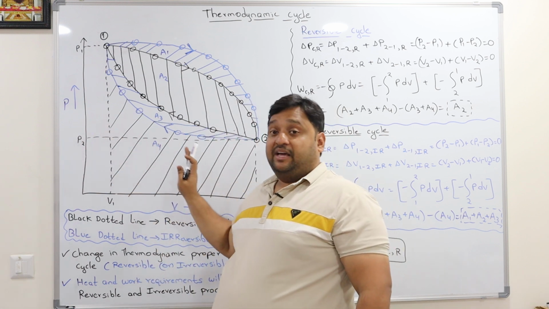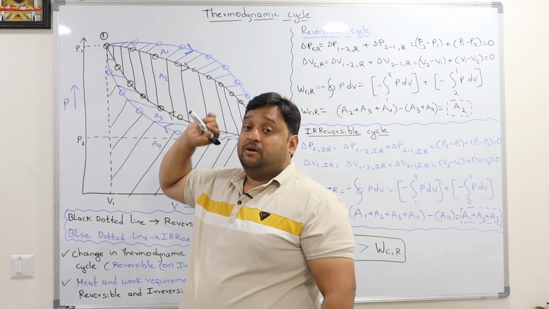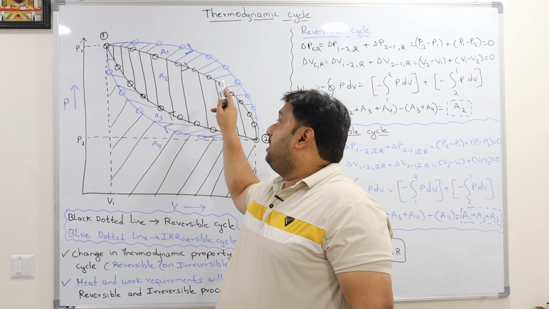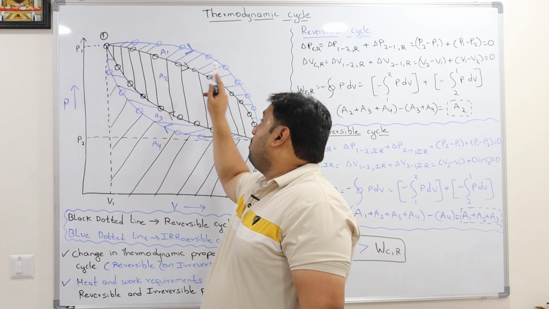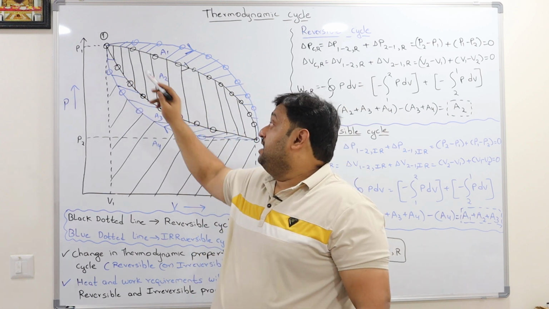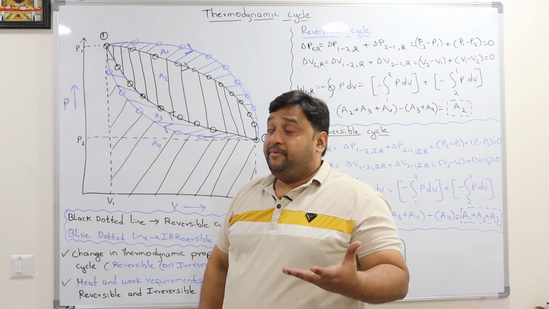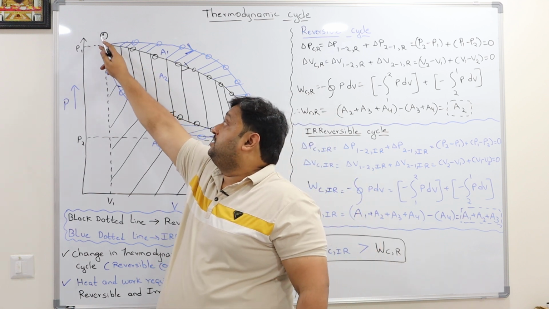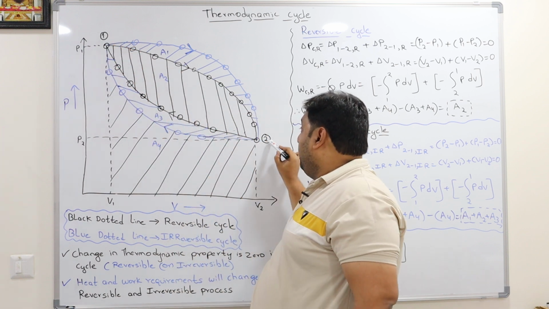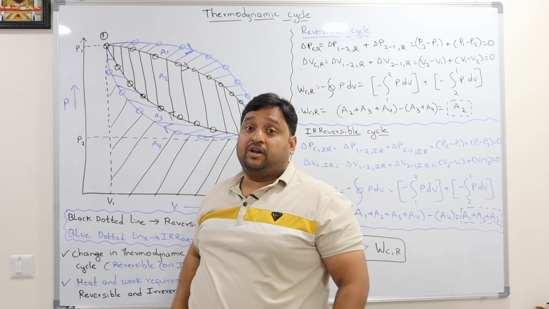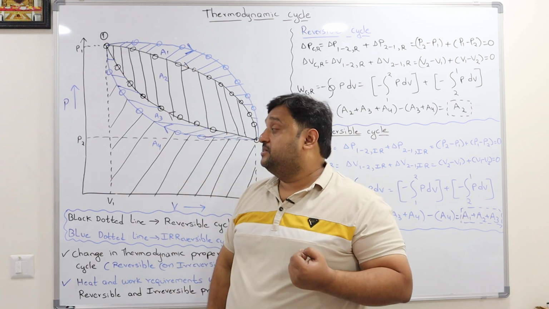You can see the PV diagram. I have drawn some curves on the board, and you can see the black dotted line and the blue dotted line. The cycle means the system comes from state 1 to state 2, and again goes back from state 2 to state 1. This is what a cycle means.